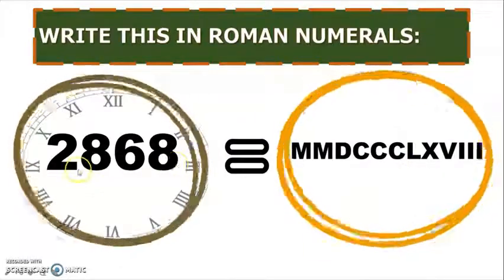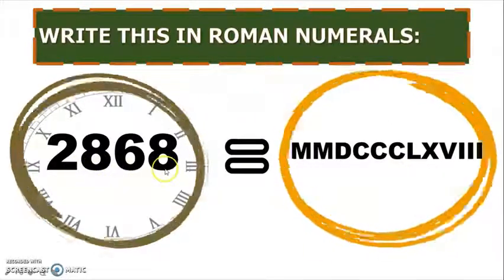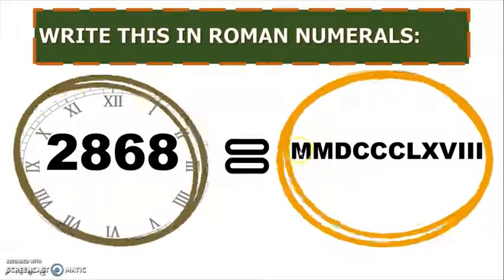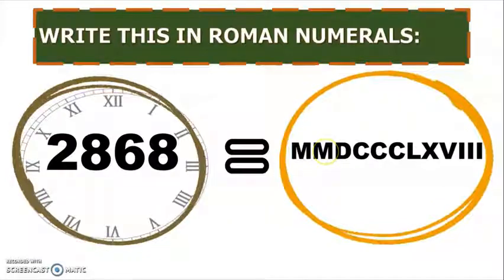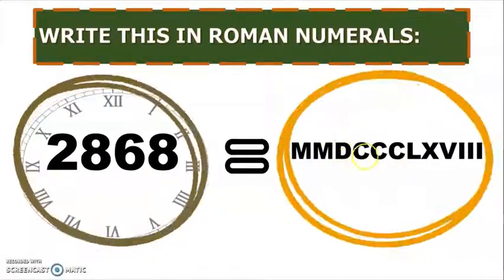Next is 2,868. 2,000 is MM because 1M is 1,000, so 1,000 plus 1,000 is 2,000. D is 500, and C times 3 equals 300.